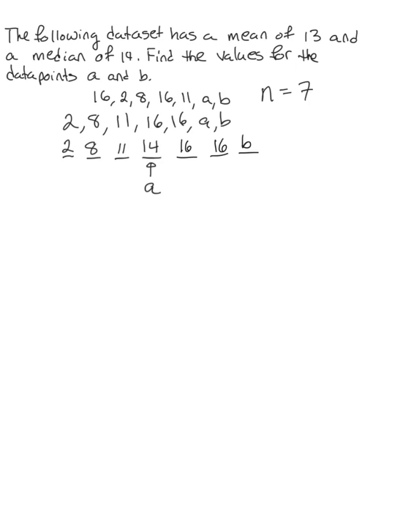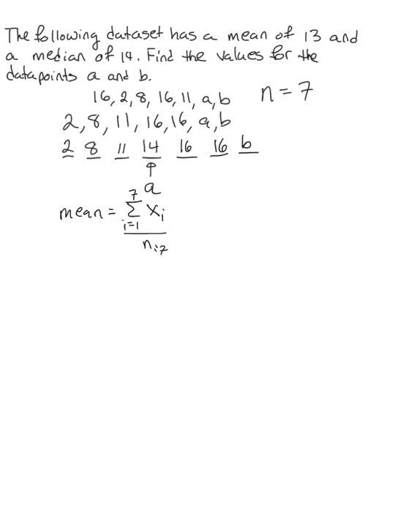So looking at the problem statement, we have another piece of information. It says the following data set has a mean of 13. All right, so now we have to use that little piece of information. Now, the mean is equal to the sum of all of our data points, and we have 7 of them, so i equals 1 to 7, divided by the number of data points we have, which is equal to 7.